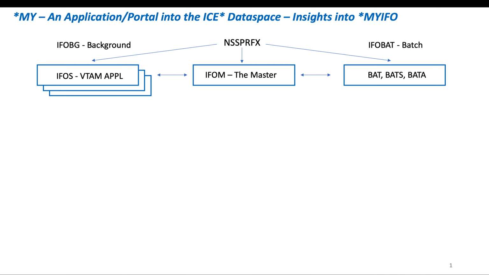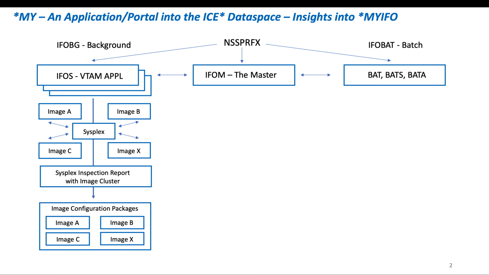Now the basic difference between them is that when we are looking to run the background process, again set up through the VTAM application, we're naming a sysplex and we're defining to that sysplex images that we would like to have inspected.